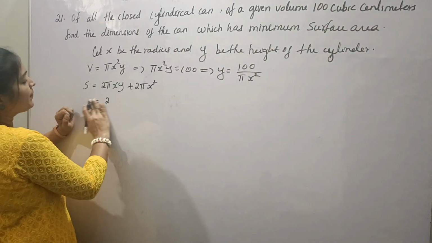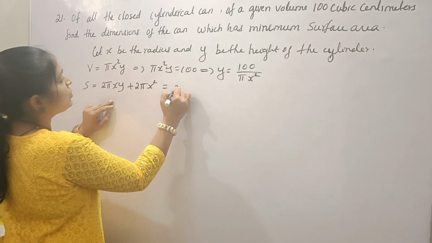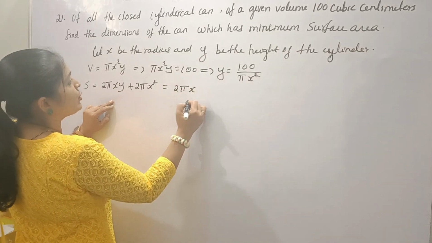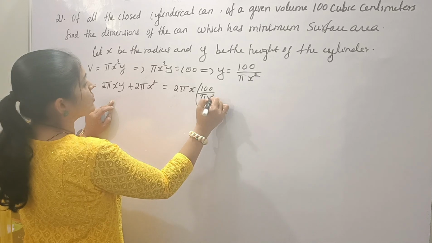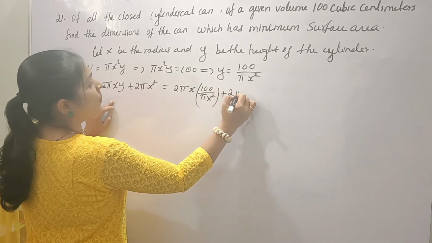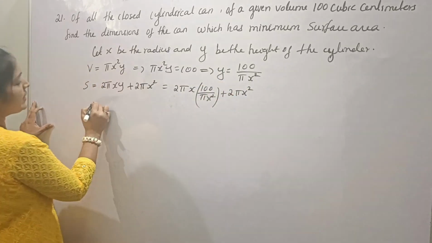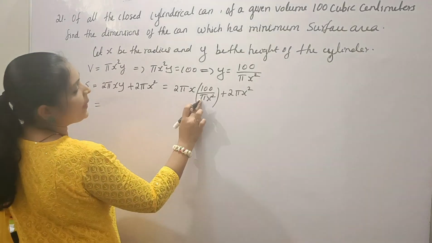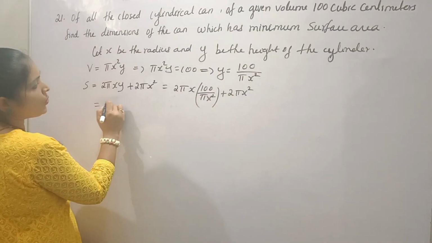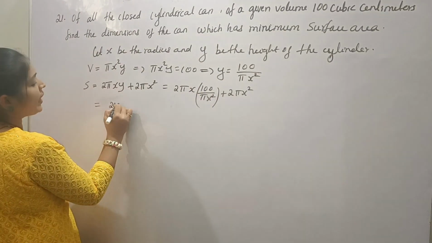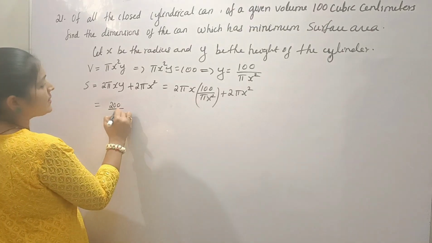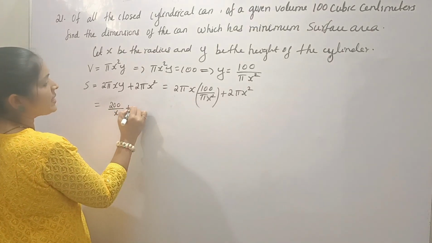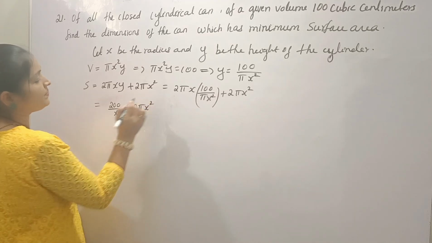So 2 pi x into 100 divided by pi x square plus 2 pi x square. That is equal to, here pi x cancelled, so 2 into 100 is 200 divided by x, pi cancelled, okay, plus 2 pi x square.